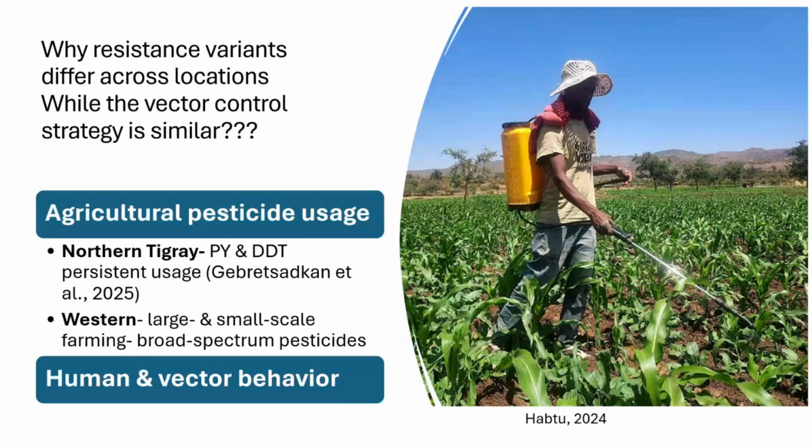But in other areas where mosquitoes are outdoor-based, the frequency of L995 might be decreased. And of course, this has to be validated because we don't even have a species-specific comparison of indoor and outdoor behavior across the country at national level. But we know a little that this can also impact insecticide resistance.